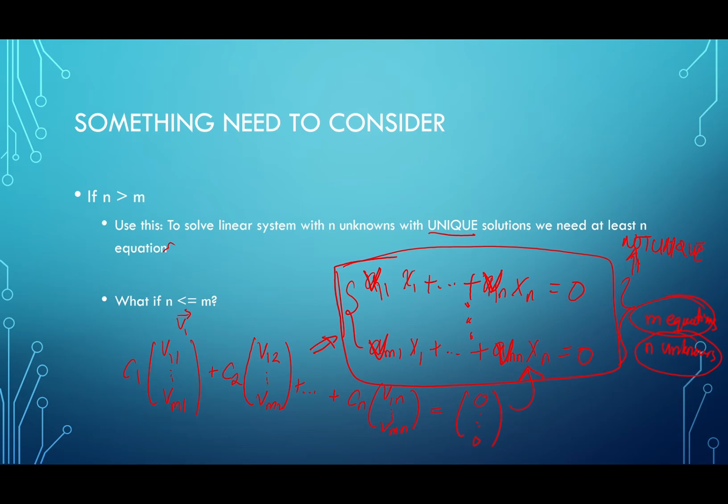So therefore, if n is bigger than m, then it is impossible to get the linear independence condition. Now let's consider what if n is smaller than or equal to m. Then again, you need to take this warning: this doesn't mean that your solution is guaranteed to be unique. Why?